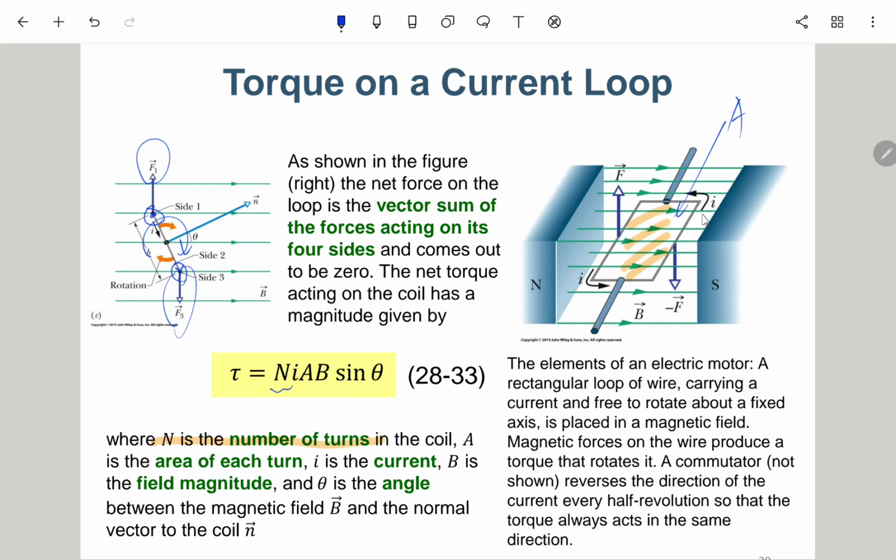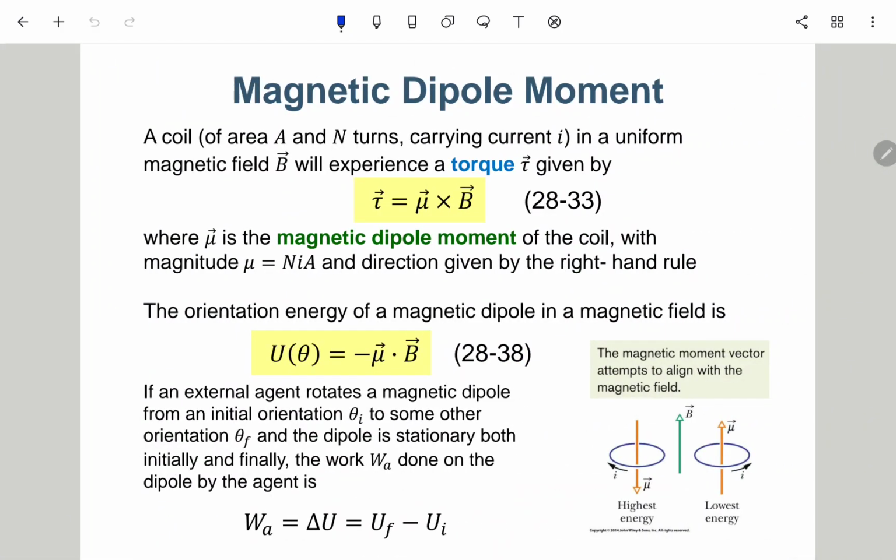So theta varies from 0 to 2 pi when the loop is rotating. Okay, so it's roughly like that.